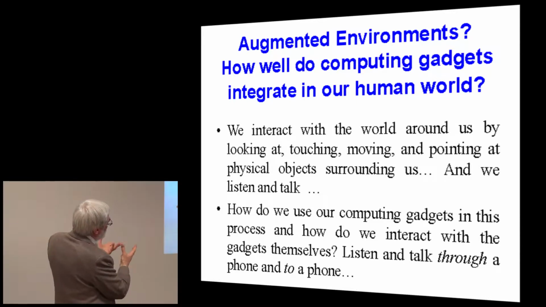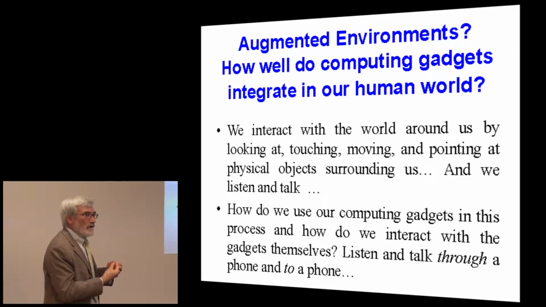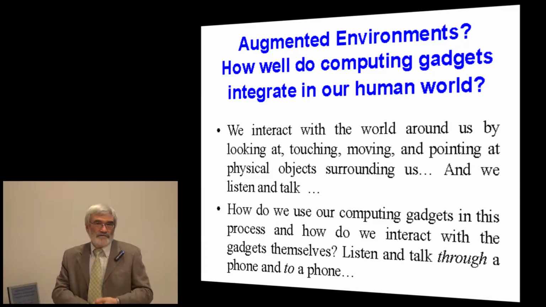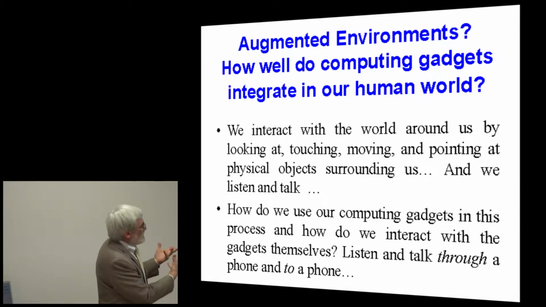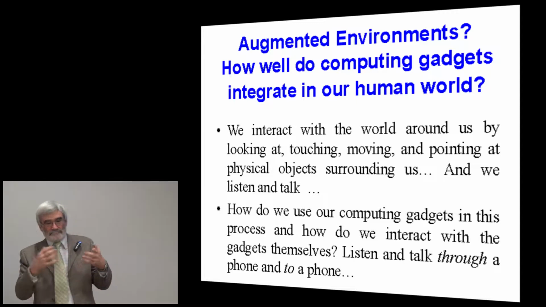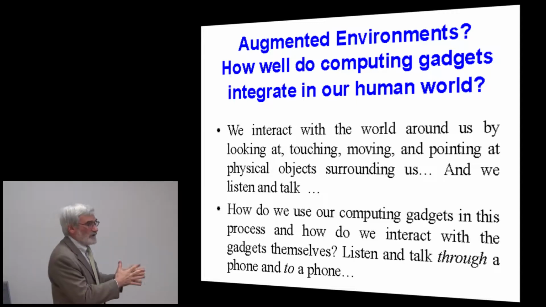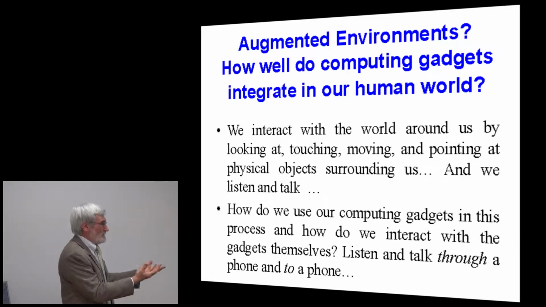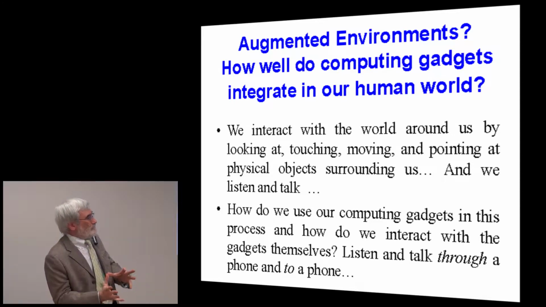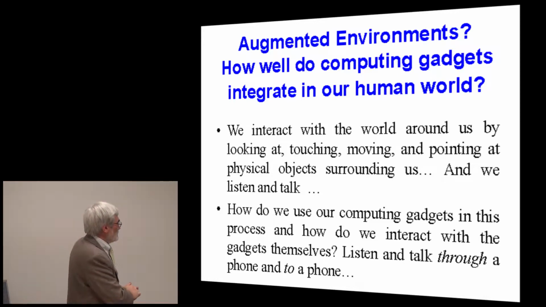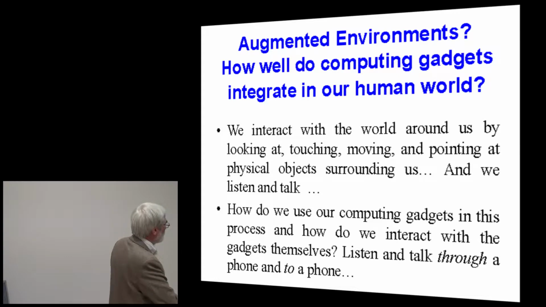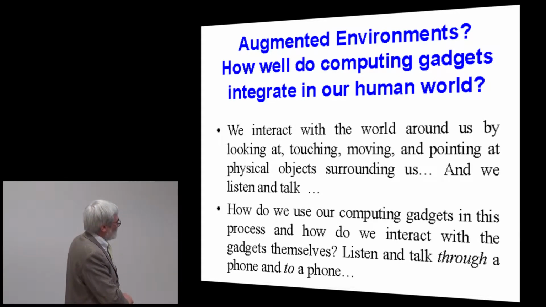So the idea is to employ physical objects, things that are around us, as interface components. And by enabling our computers to track and reliably recognize what's around us in a camera view or something, we can reflect all manipulations we apply to physical objects in our world into the virtual world.